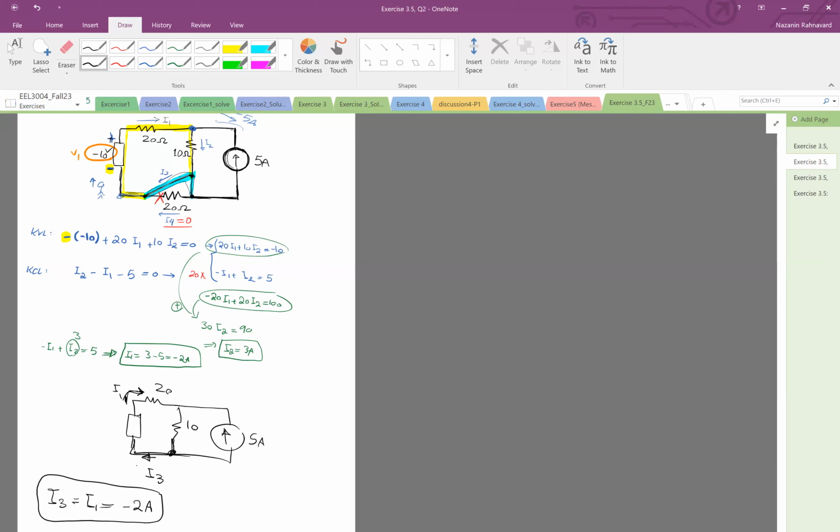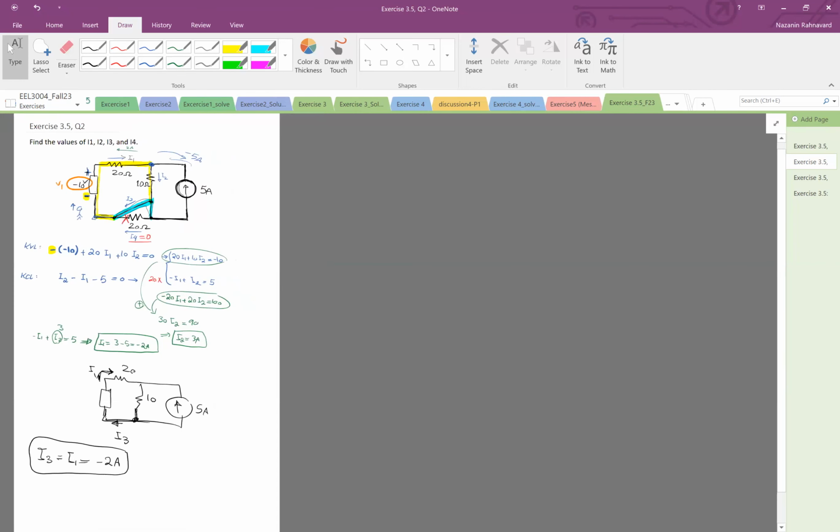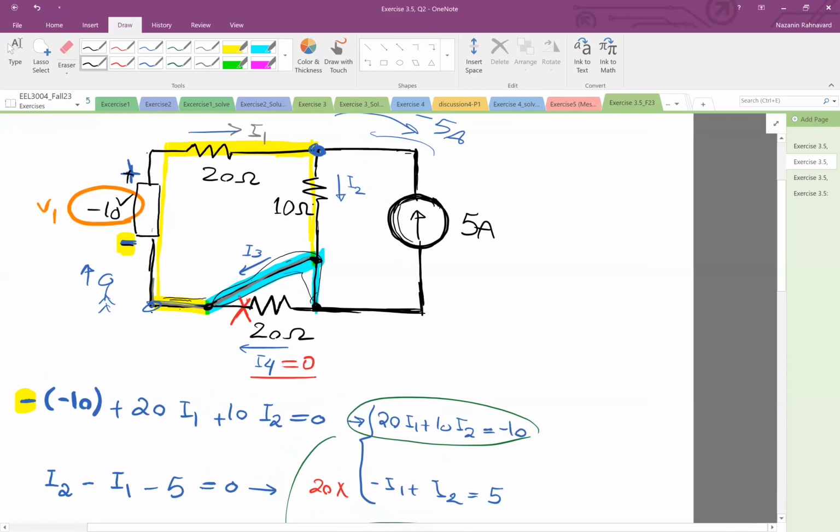So when you are looking at a circuit, just make sure you don't miss the short circuit parts. Here, this was an obvious short circuit, which makes the 20 ohm basically disconnected, and this becomes just one node. Then it continues here, so I3 equals I1.